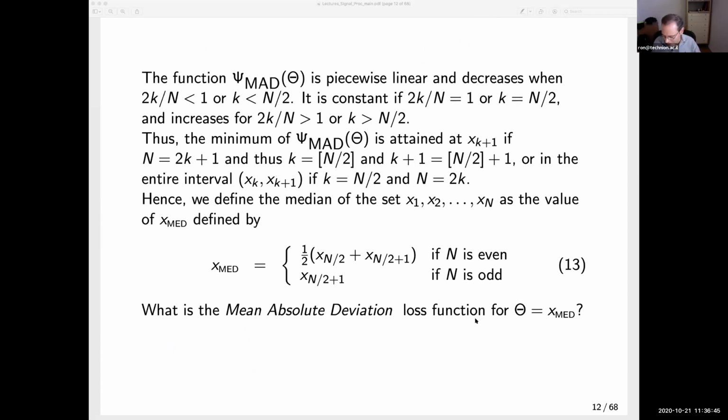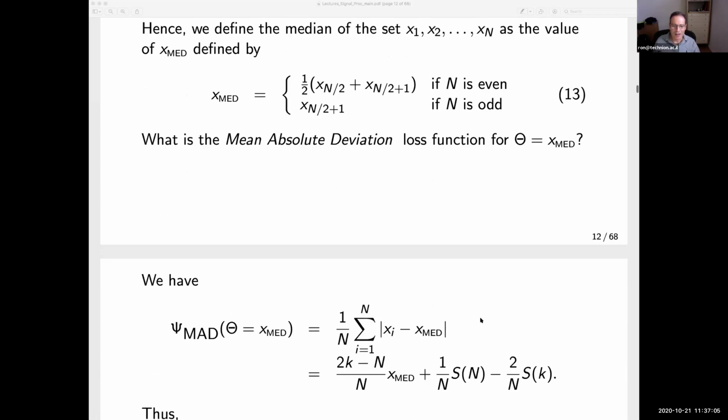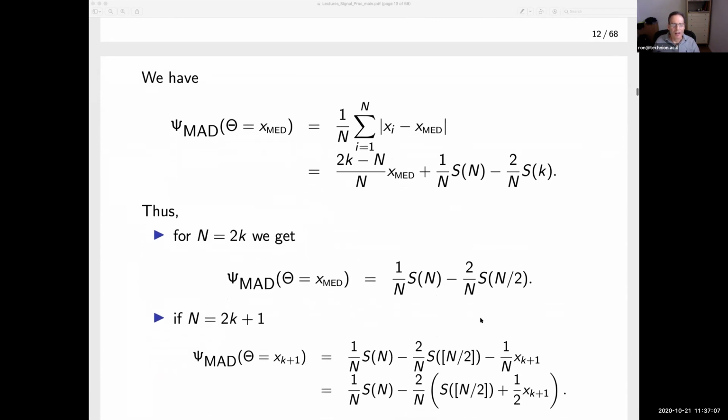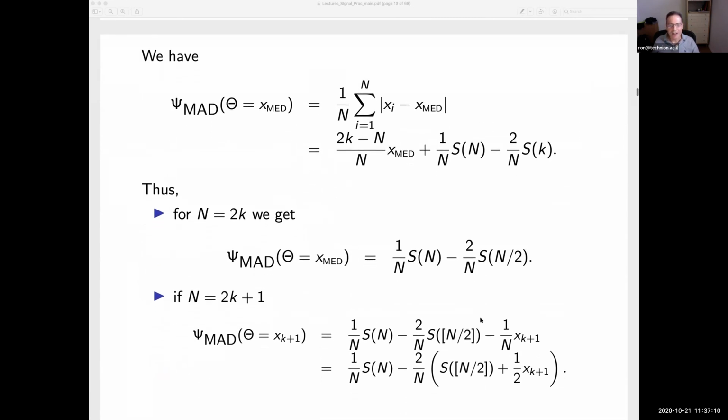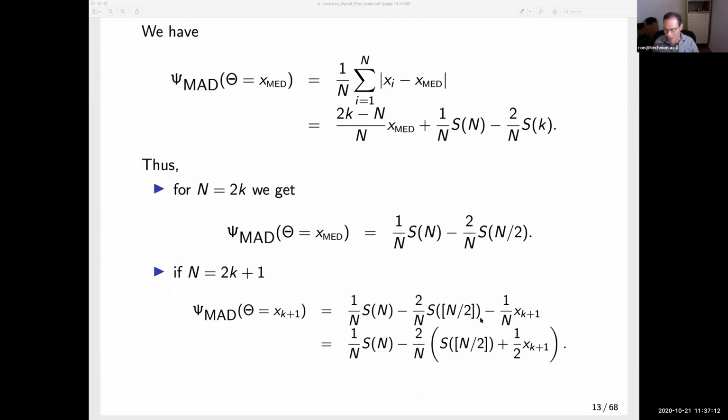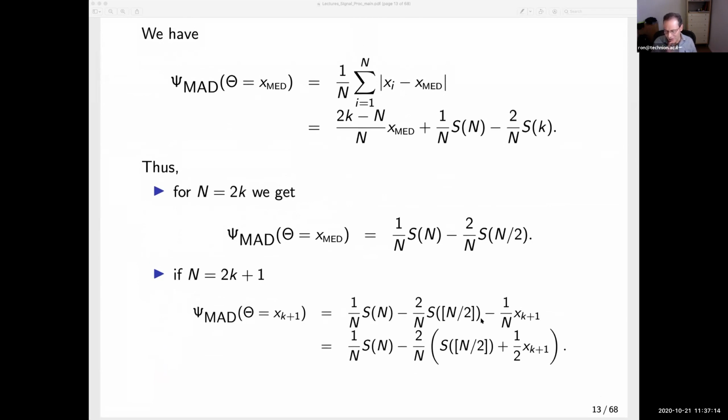So we have the mean absolute deviation, and somebody once mentioned that we could probably compute the median or the MAD using a different loss function. Let's wait with that, okay?